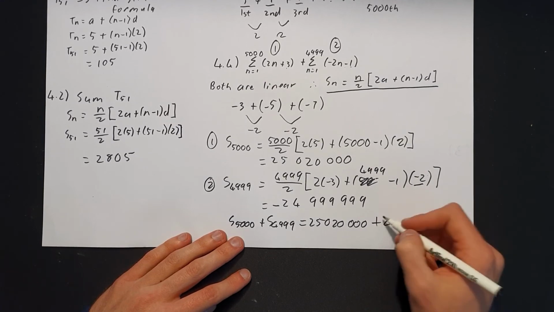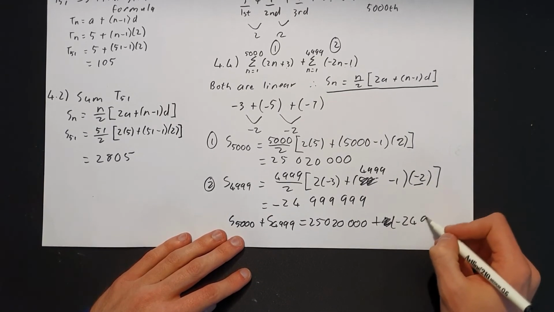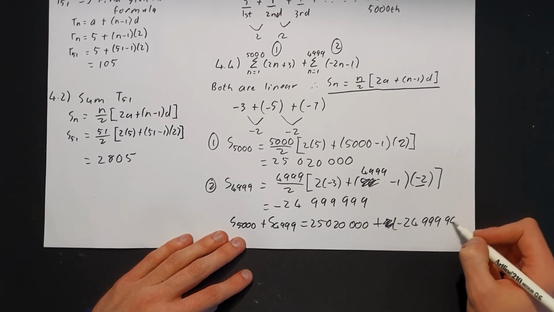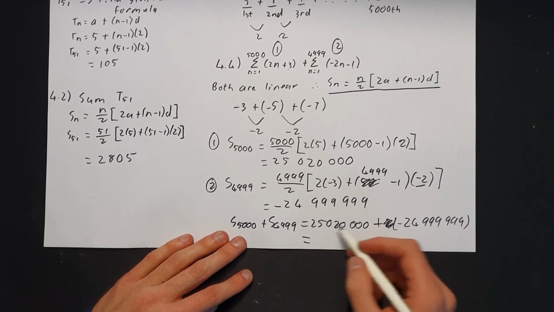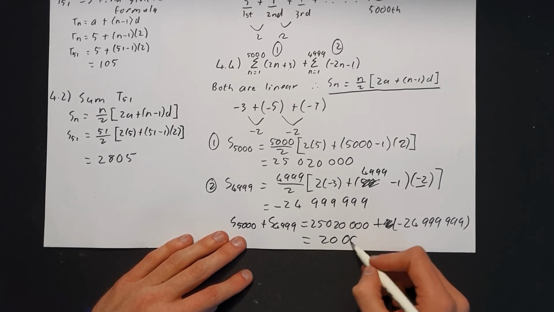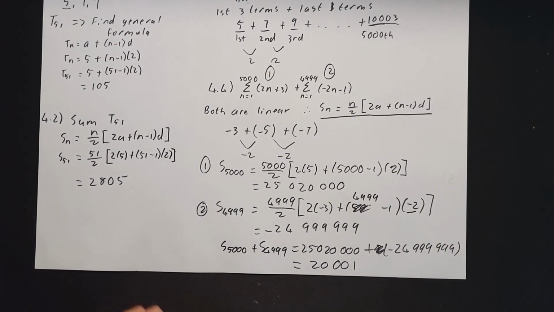Sorry, plus minus, making some mistakes here. You're going to get a final answer of 20001. And that's how you go about doing this question.